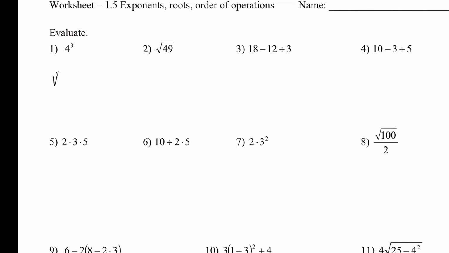Root 49, I can do it this way: 49 divide by 7, 7. Divide by 7, 1. This means 7 times 7. Root 49 equals 7.